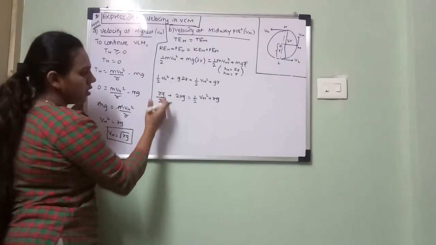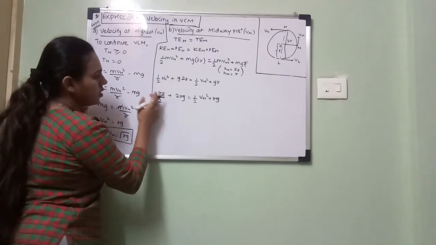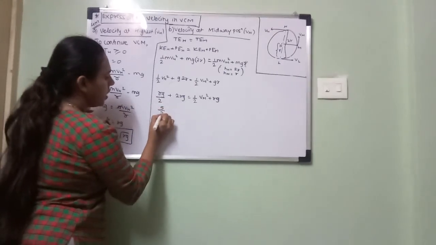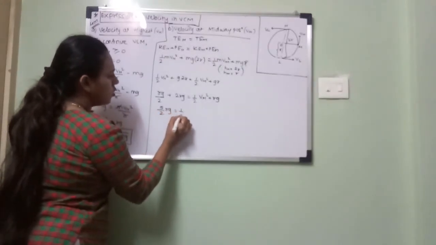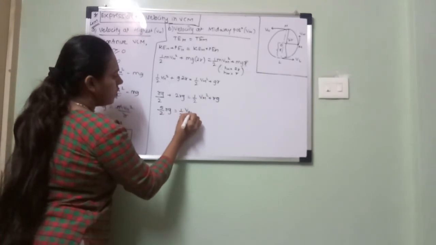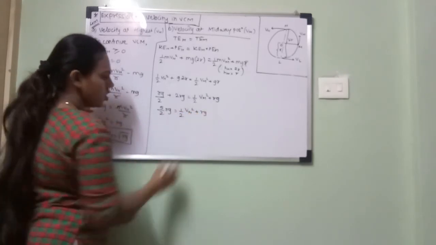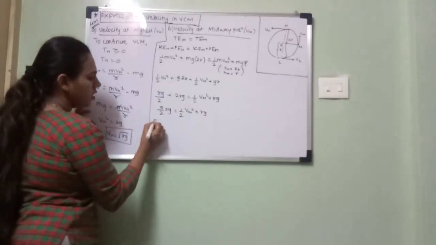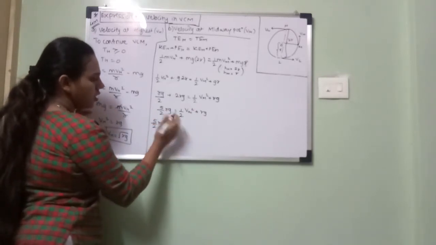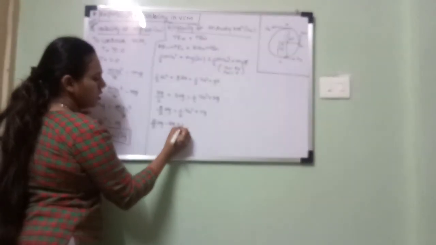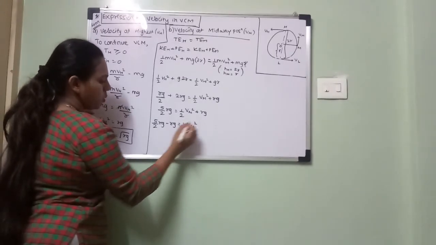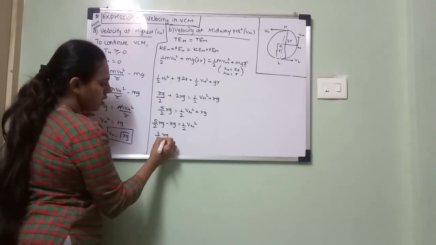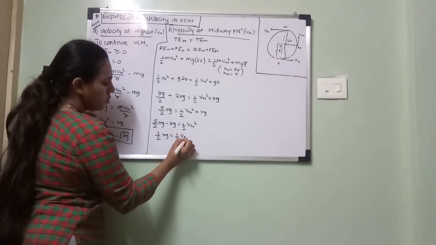When you cross multiply this, what value will you get? 1 plus 4, 5 by 2 Rg is equal to half Vm square plus Rg. When you take this over here, plus Rg becomes minus Rg, and 5 by 2 Rg minus Rg is half Vm square. This you will get as 3 by 2 Rg is equal to half Vm square.